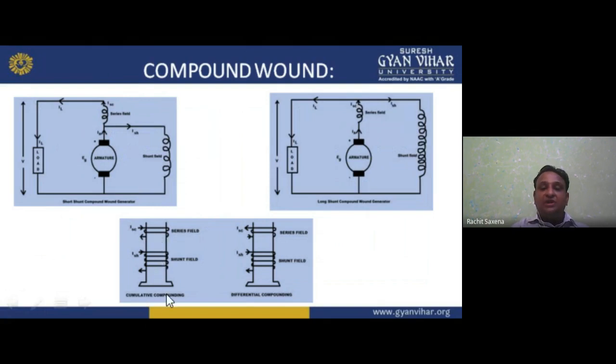This is your cumulative compound, short shunt. But this is denoted as a differential compound, a long shunt. So in compound, we have two more types, long shunt and short shunt, differential compound and cumulative compound respectively, which is the combination of series and shunt.